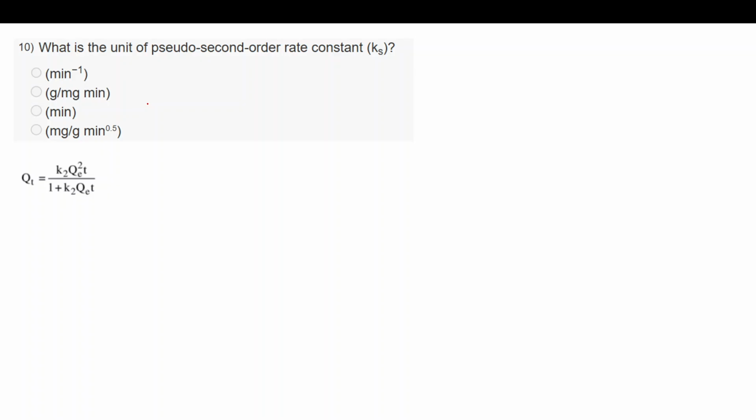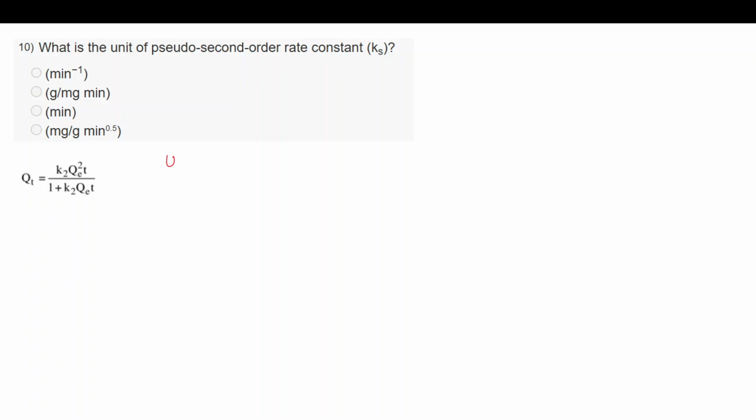The last question is, what is the unit for the pseudo second order rate constant? You need to derive the rate constant unit. If you want to derive any unit, there are two thumb rules.